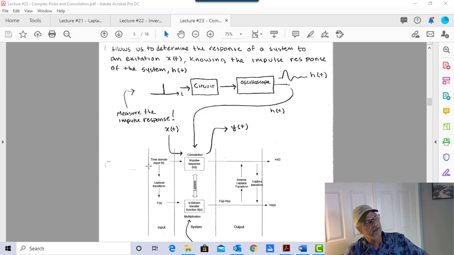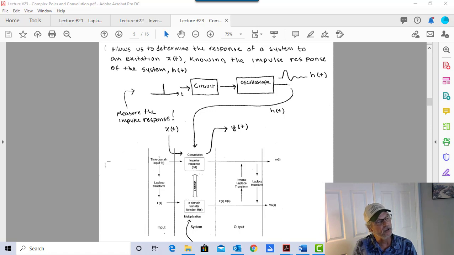What's the Laplace transform of an impulse? Go to the table. It's 1. There's no s. The Laplace transform of delta of t is 1. So let's go down this path. If I want to get the impulse response in the frequency domain, that would be right here.